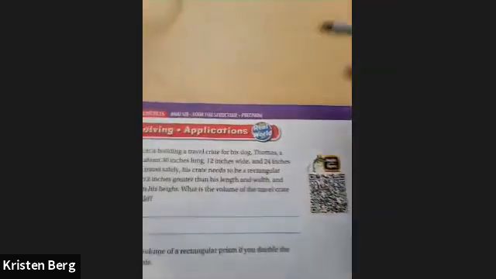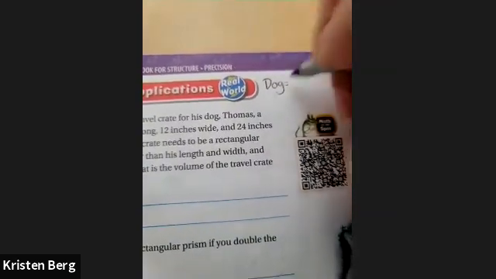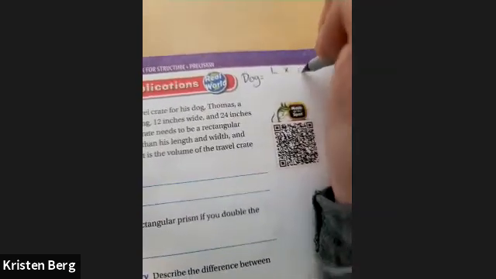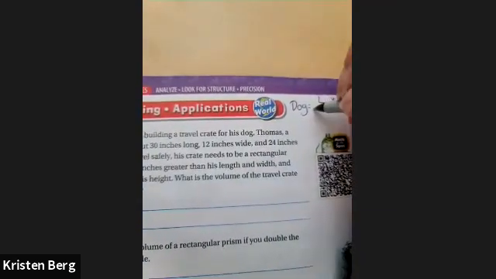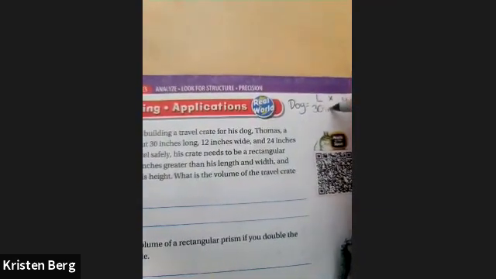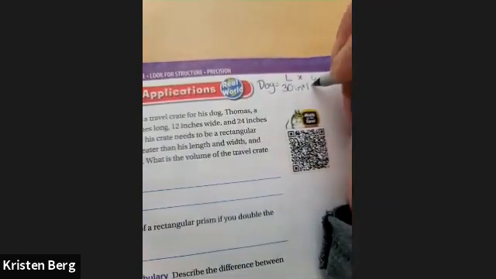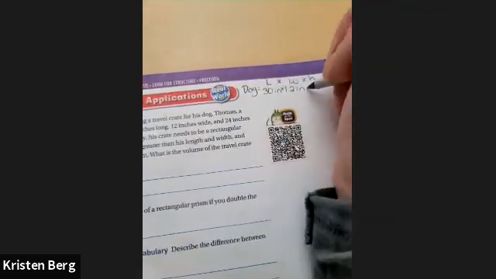So remember, it said the dog's measurements were, again, length times width times height. Now remember, his length was 30 inches long. His width was 12 inches wide, and his height, how tall he is, 24 inches.